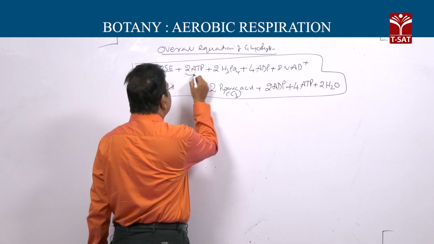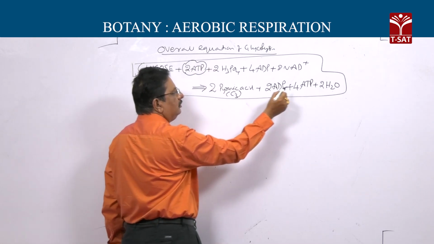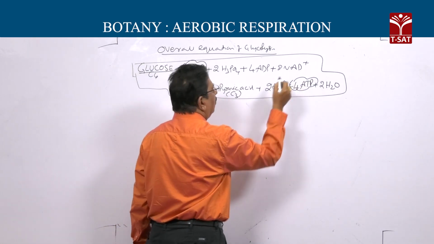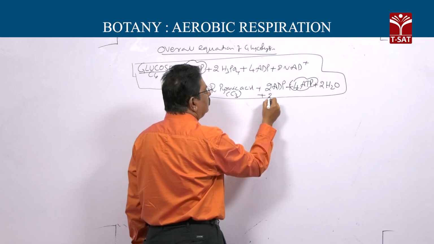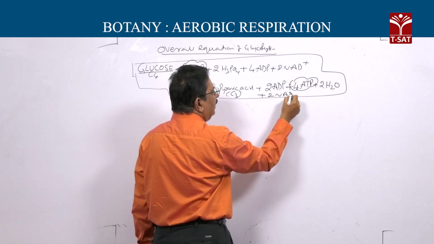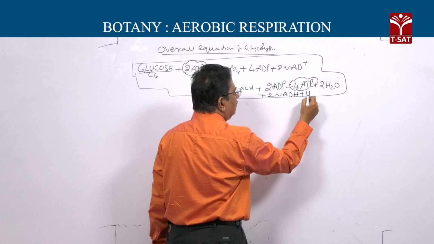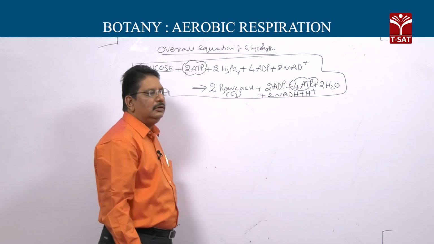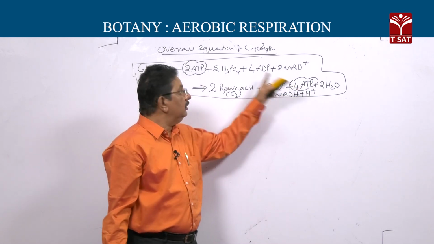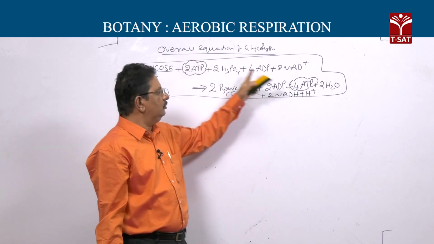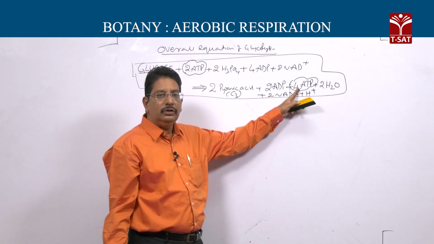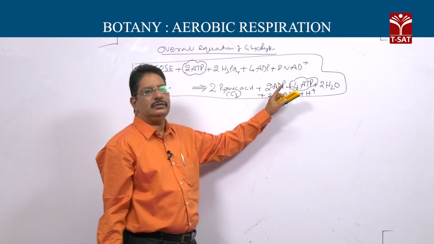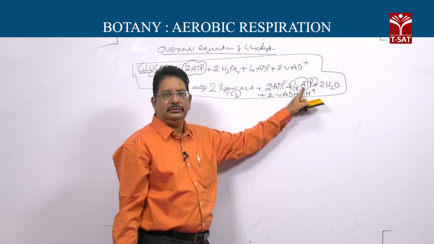So 2 ATP are utilized, 4 ATP are formed along with 2 molecules of NADH plus H plus. So utilized number 2, formed number 4. So only in glycolysis 2 ATP is the net.